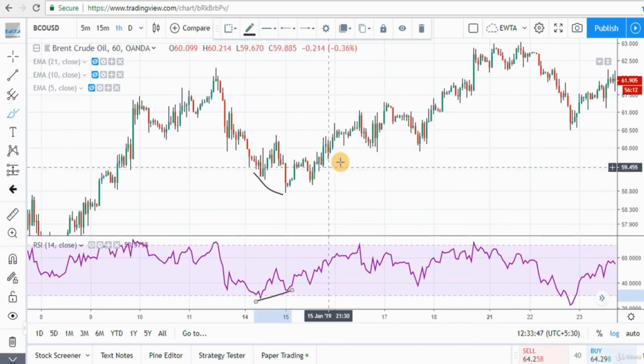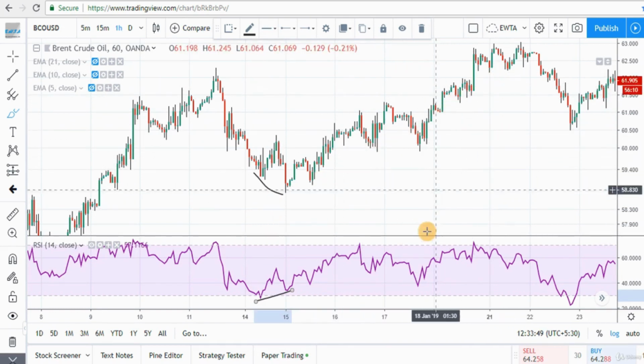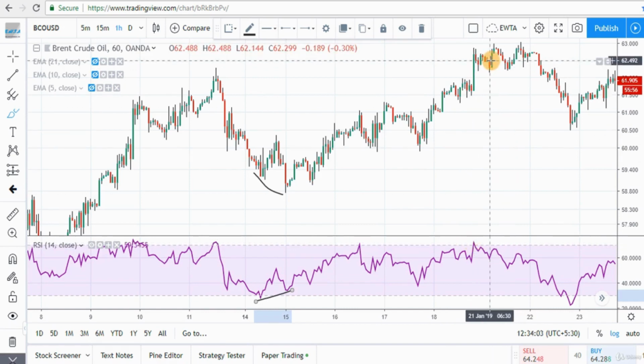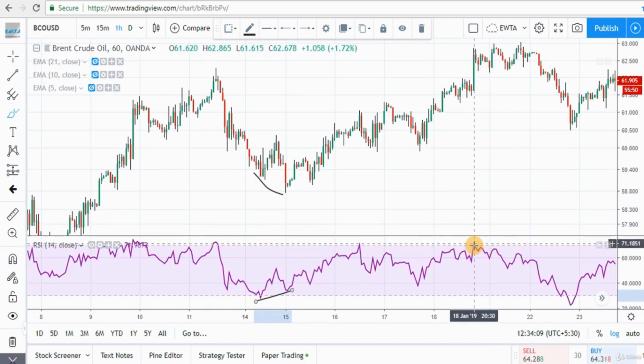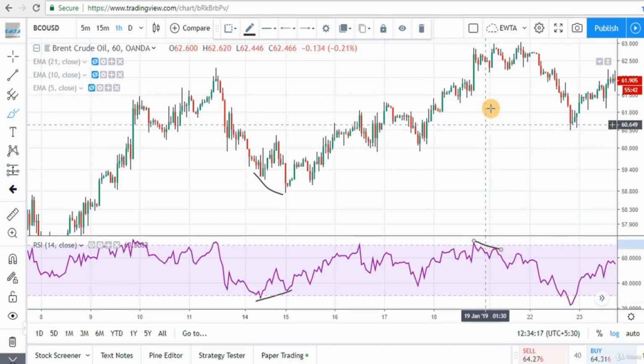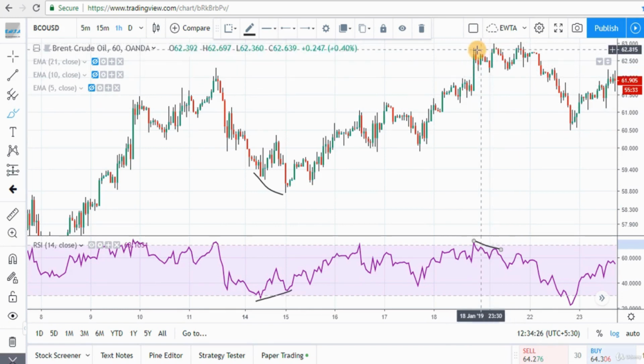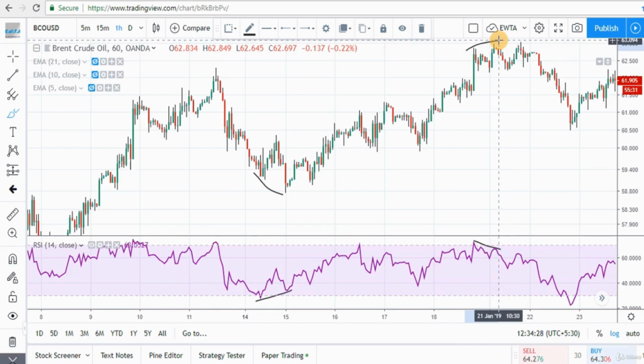Similarly, you can see prices are going in an upward direction, RSI is also going in an upward direction, but when RSI is in the overbought range, it means that prices are now overbought and we can see a consolidation in the prices. Also, we see the peaks of RSI. This is the first peak and this is the second peak. Peaks of RSI are going in a downward direction, but if we see the price action on the chart, these are the two peaks and they are going in an upward direction.